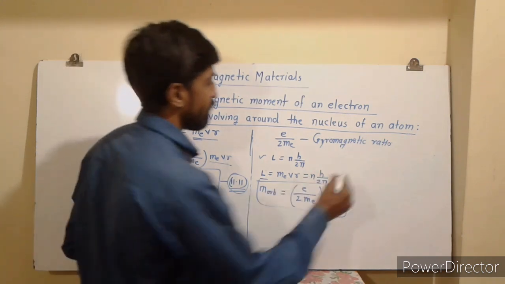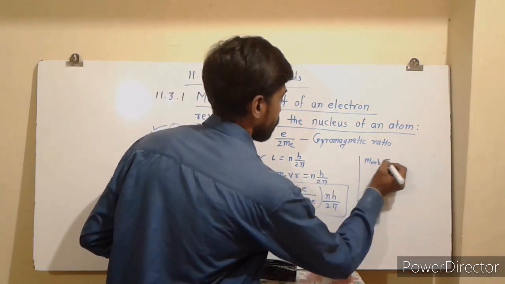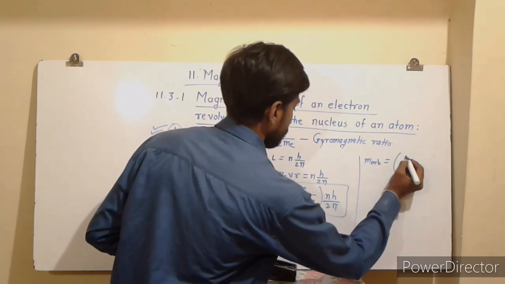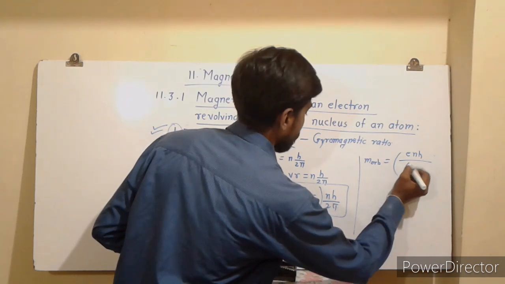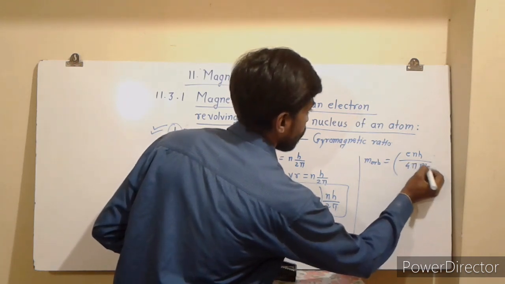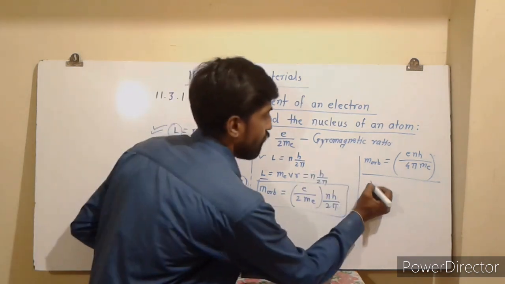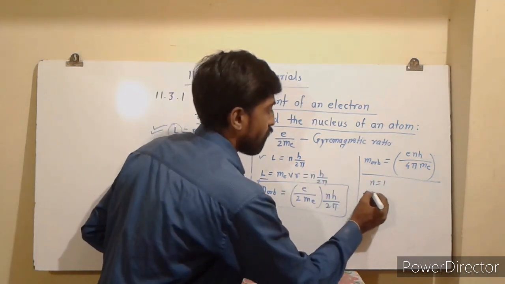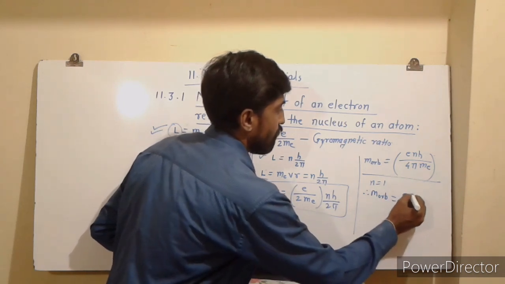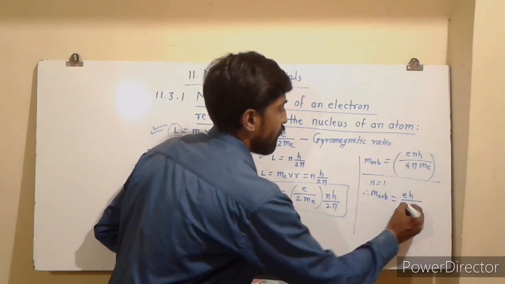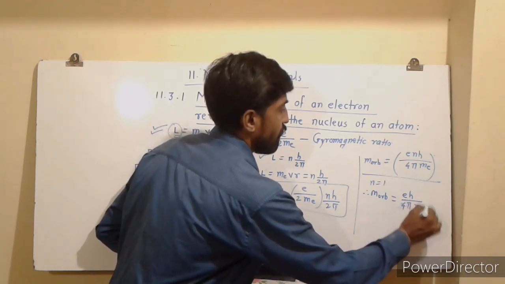Or we can write it like this. For the first orbit, n is equal to 1. So therefore, the equation becomes e h divided by 4 pi m e.